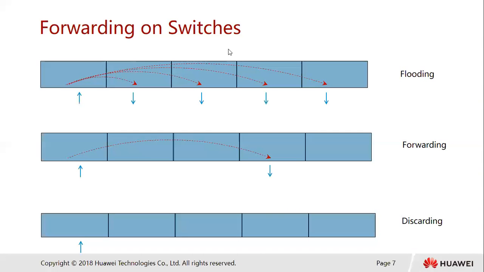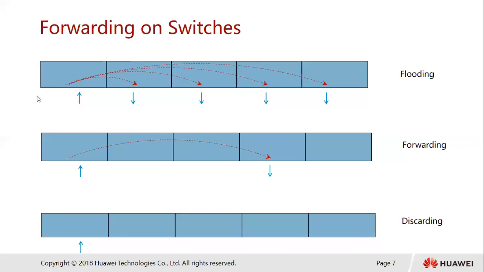Forwarding on switches. So we have 3 types of forwarding. The first one is flooding. So what is flooding? By the way, switches come with different numbers of ports, and in the ports is where we connect the PCs.